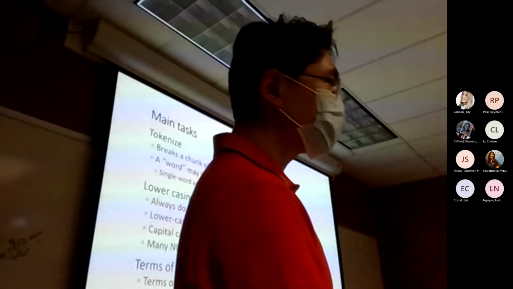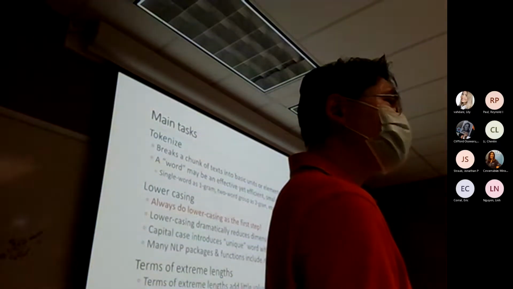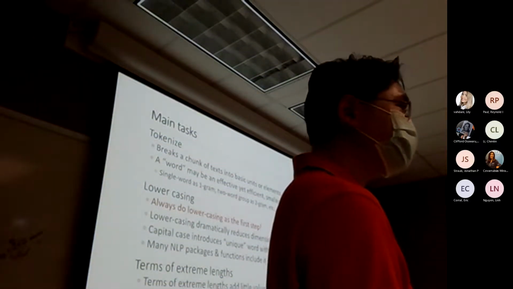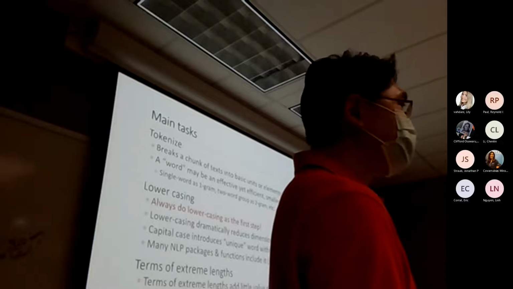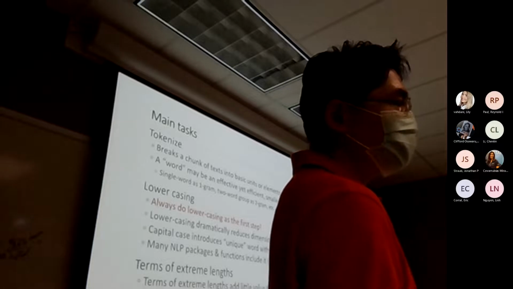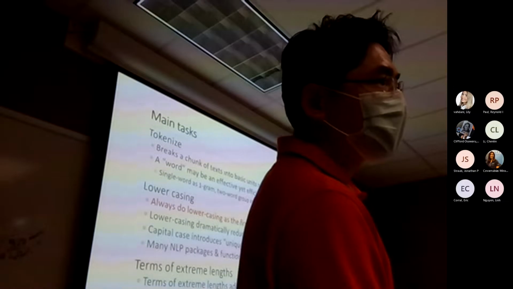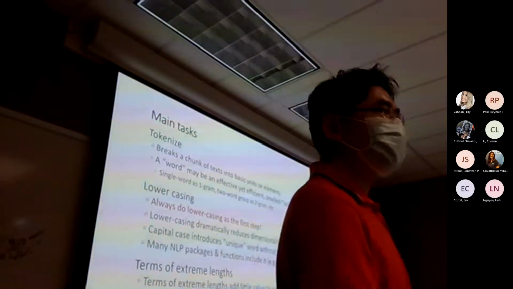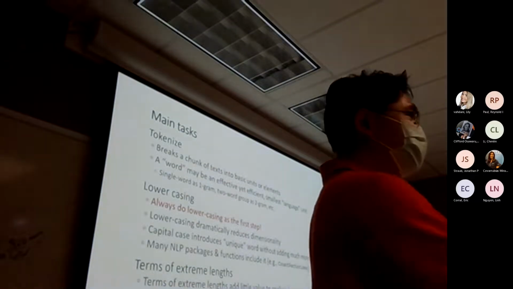Words of extreme length, these are unique terms that are very specific, very technical, almost never happen in more than 1 or 2 articles. If they happen so infrequently, the algorithm is not able to pick up patterns there because it's just as if it's randomly popping up here or there.